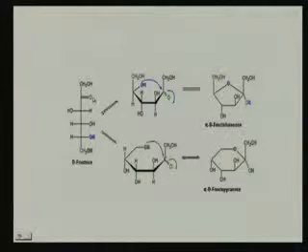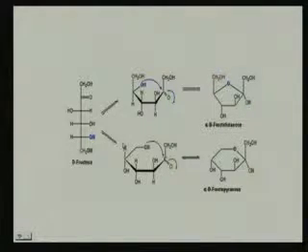Now, if it is like this first, second, third, fourth and fifth, sorry, this is the fifth carbon, that means second carbon and the fifth carbon, when they come close to each other, they share this lone pair of electrons and form this ring structure, and it is called the alpha D-fructofuranose.